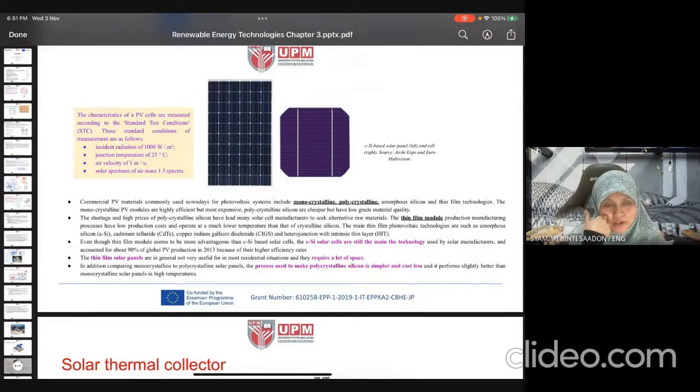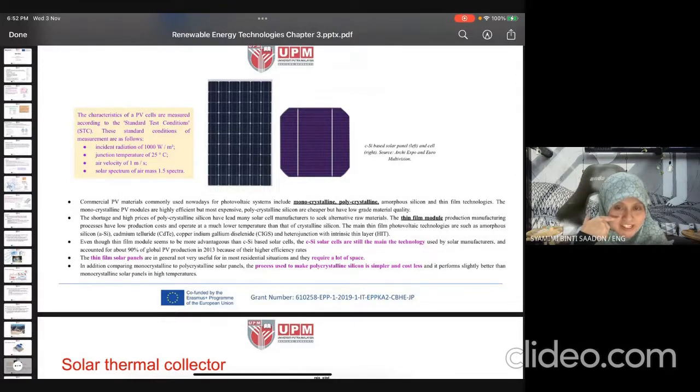When we want to purchase PV cells or PV modules, we need to know these conditions: incident radiation of 1000, the temperature, the air velocity, and solar spectrum of air mass 1.5. So those are the standard test conditions for PV cells.